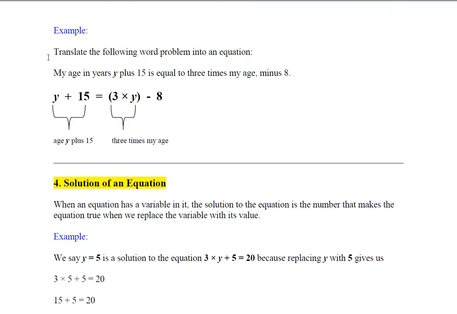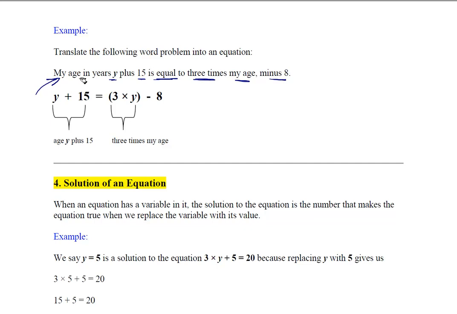Now, how are we going to use this on the test? We said we're going to use it in word problems. So basically what I can do sometimes is translate a word problem into an equation. Let's take a look at this example. My age in years Y plus 15 is equal to 3 times my age minus 8.